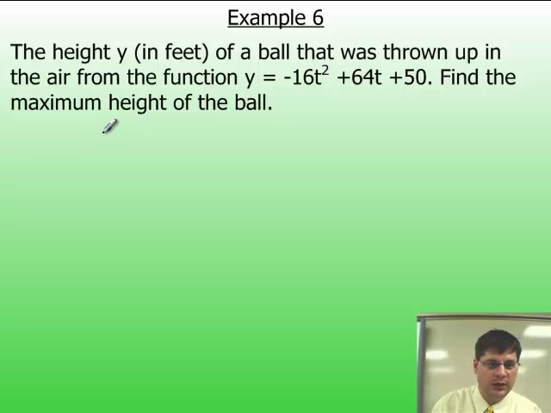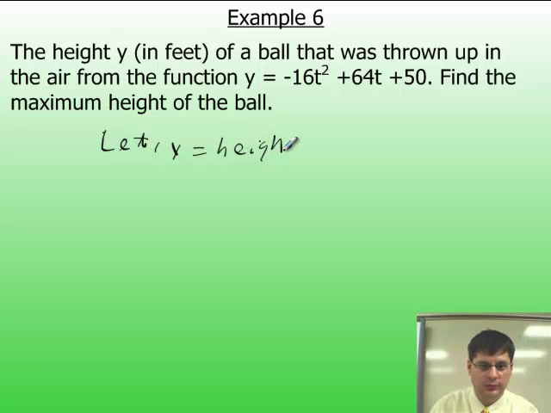I'll start off by defining my variables. So I'm going to let y equal height of the ball, and I'm going to let t equal time, and this is measured in seconds.